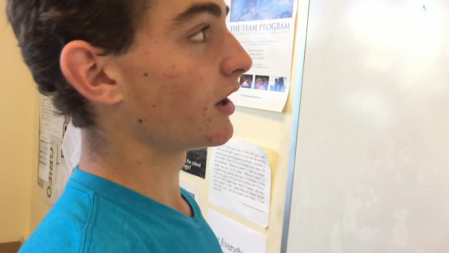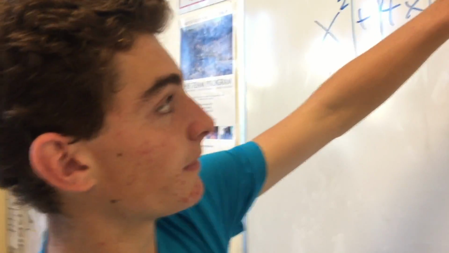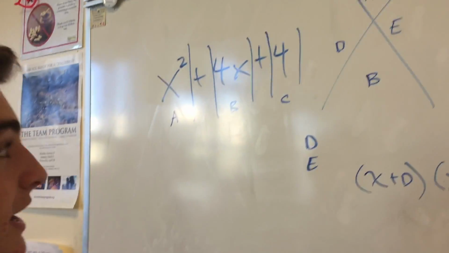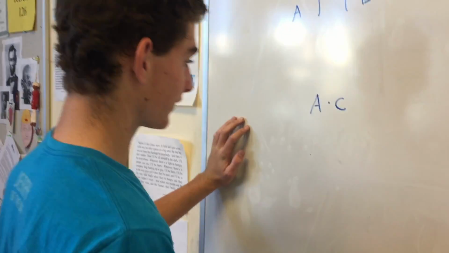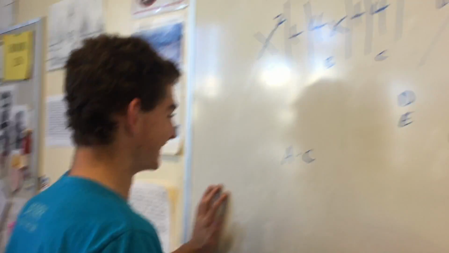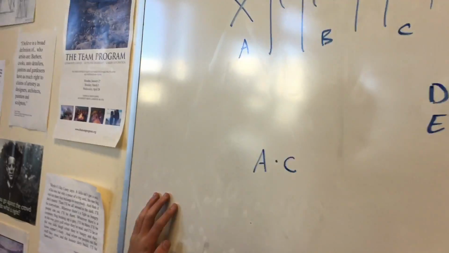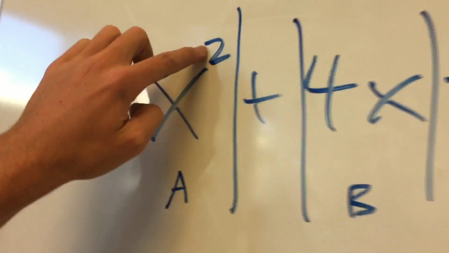Now, to get these, we have some equations for you. For A times C, let's do some math. A, you may see x squared. There's no numbers there except for this guy, and we're not going to use that guy. But you only have one x squared right here.